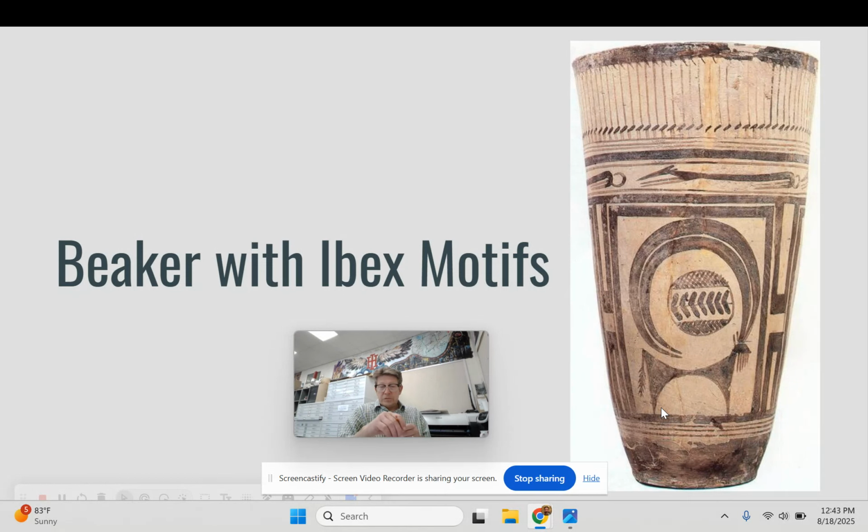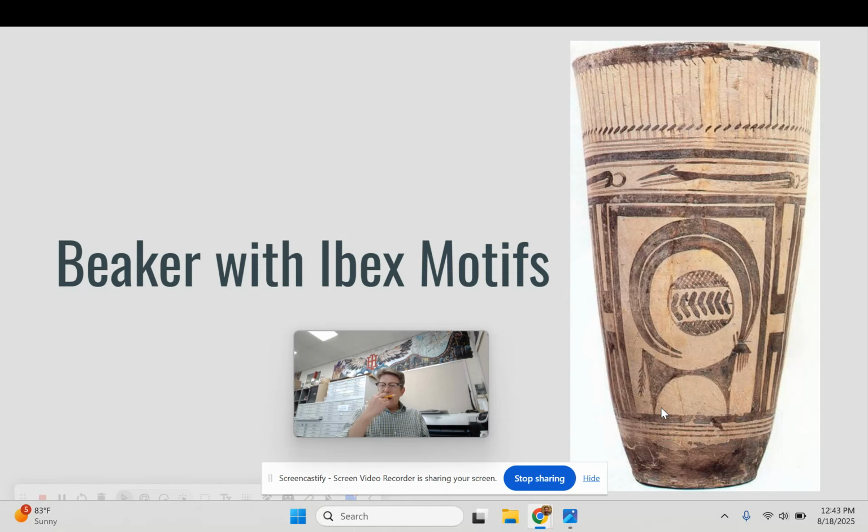This brings us to more description of the pieces. One way that we can talk about art is how the artist has made decisions to divide up a piece like this. This beaker has what we would say are three registers.